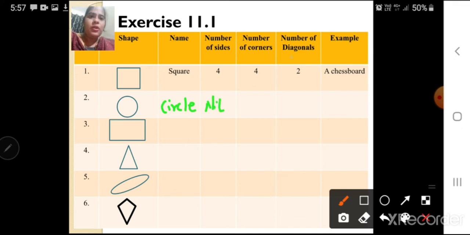Number of corners, there are no corners because again it is a curved surface, so it is nil. Number of diagonals, again because there are no sides and corners, diagonals cannot be formed, so again it is nil. Now children, examples: there are so many examples of a circle, but we can write bangle, correct? A bangle is circle in shape.